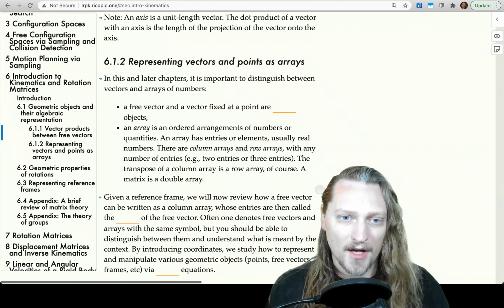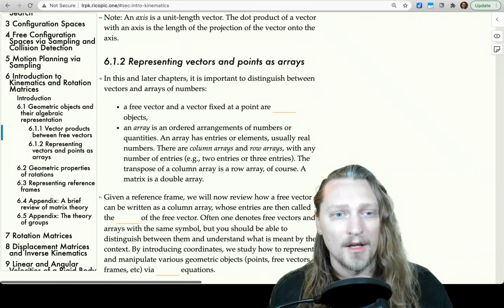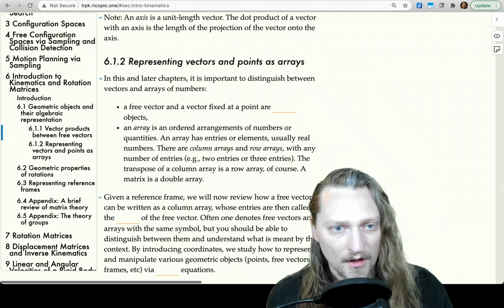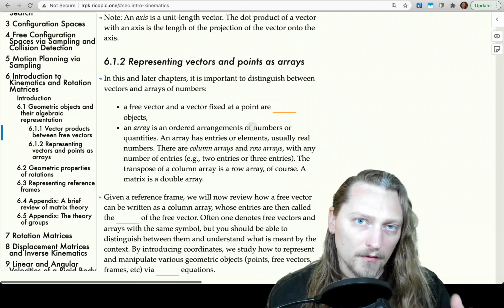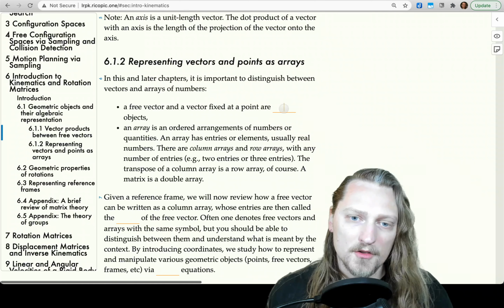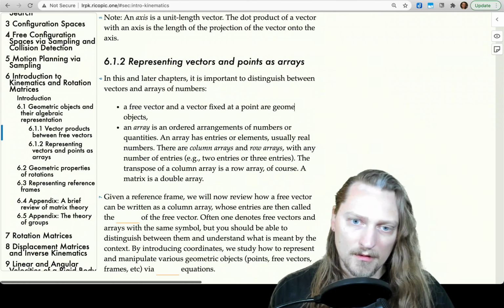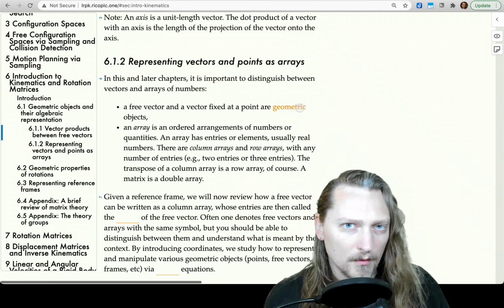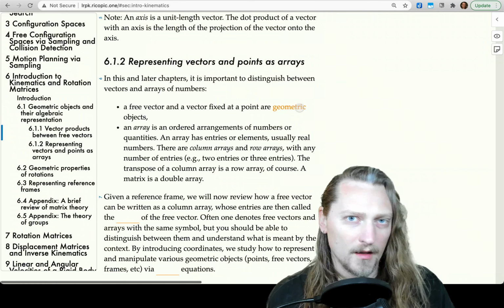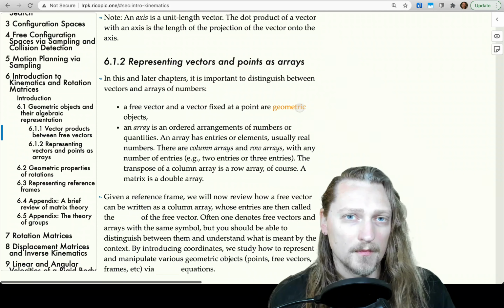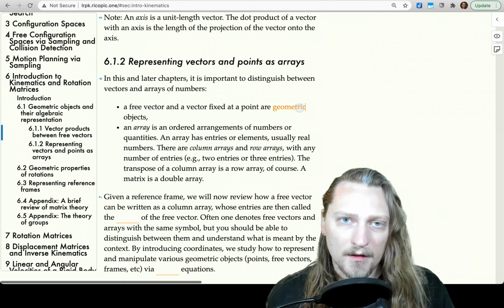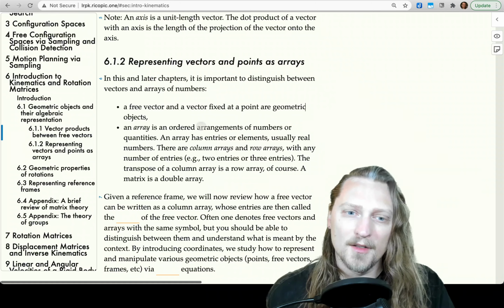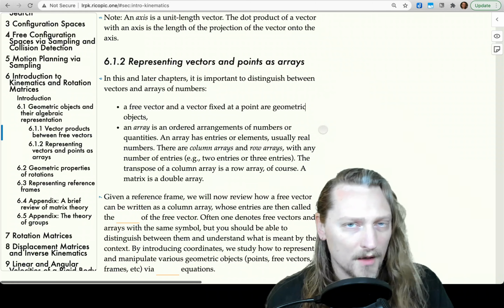Representing vectors and points as arrays. In this and later chapters, it is important to distinguish between vectors and arrays of numbers. A free vector and a vector fixed at a point, or a fixed vector, are geometric objects. So they don't require any specific coordinate system. Okay, they're coordinate-free definitions. An array, on the other hand, is an ordered arrangement of numbers or quantities.